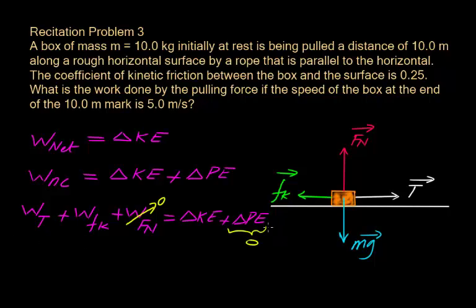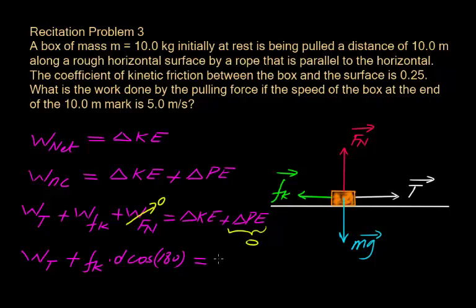Now, let's simplify this equation further. Leave the work done by the tension alone. The work done by the friction force, which is a constant force, equals the friction force times the displacement times cosine 180. The friction force always makes an angle of 180 degrees with the displacement.